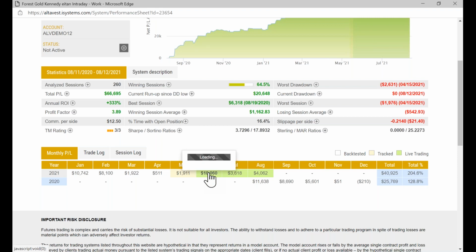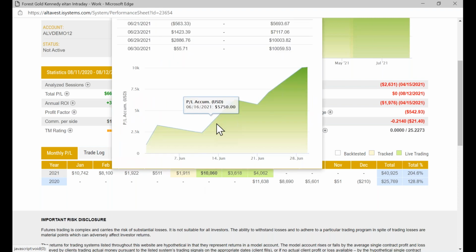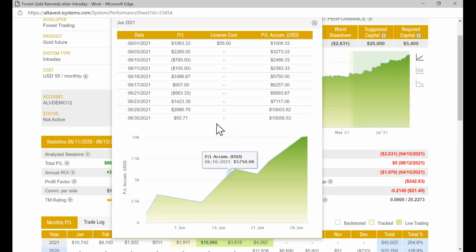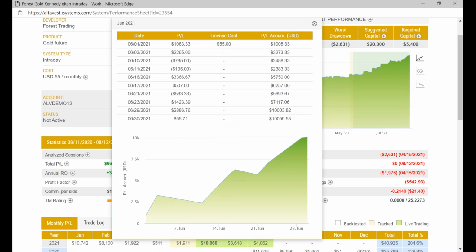And in fact, let's look here. I'll show you how to drill down on any particular month. And you can see all of the trading performance here. So here you go. Just 1 second here while I adjust my screen.